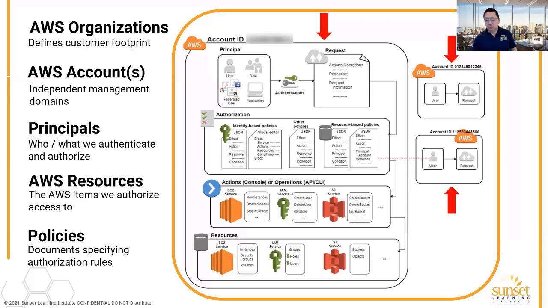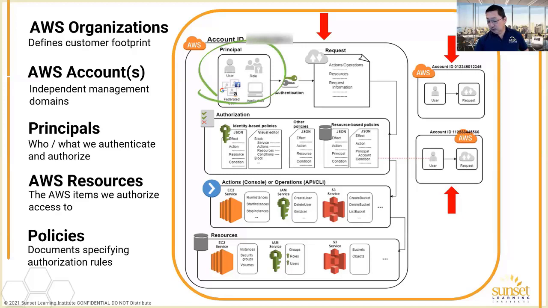Okay, so what we see here in this diagram is we see that these principals, or users, maybe we'll call them for right now, could be an application, makes a request to access some resource. These are the resources down here. AWS then has to, number one, verify that that user is who they say they are. That's the process of authentication.